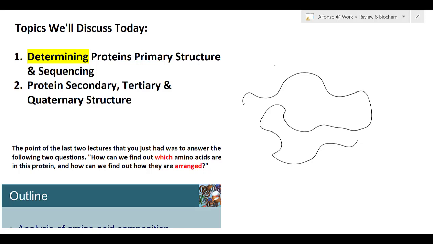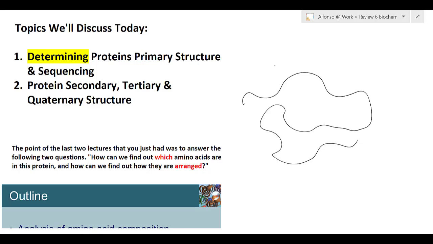Yes? Based on how you arrange like polar, non-polar, maybe? Okay, so we can figure out if there's any polar or non-polar residues. What's a scientific way that we can do it though? I guess a more precise method of doing it. If you have a protein, how can you figure out what type of amino acids that you have on it?